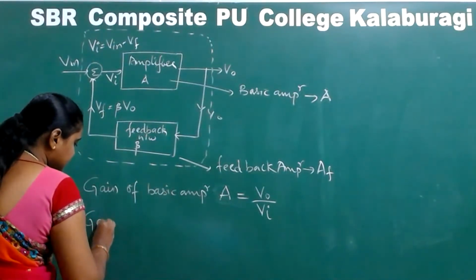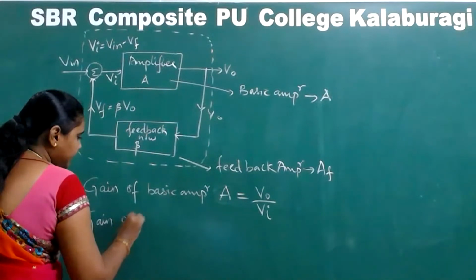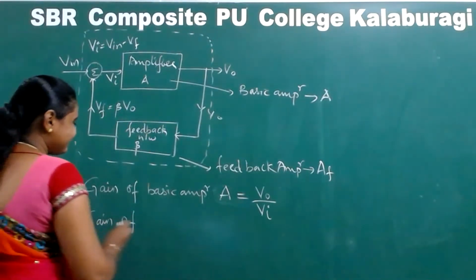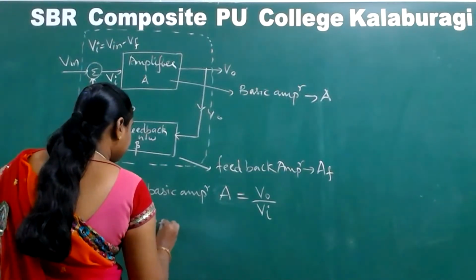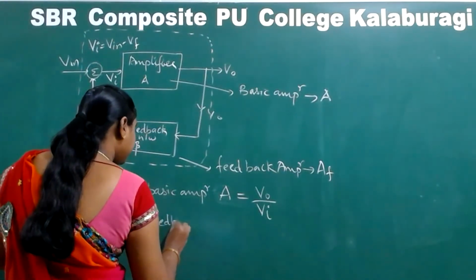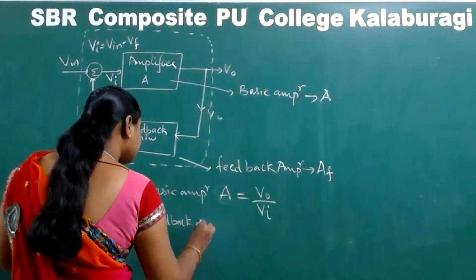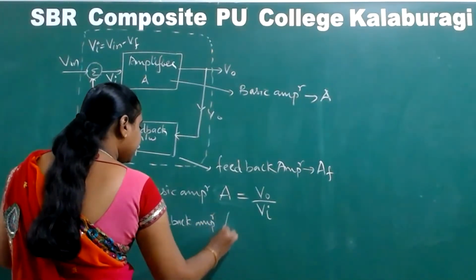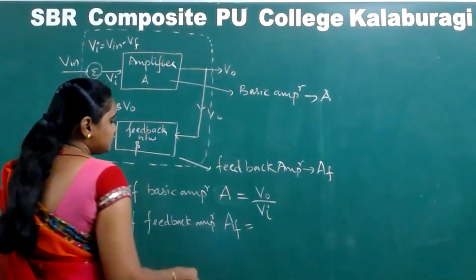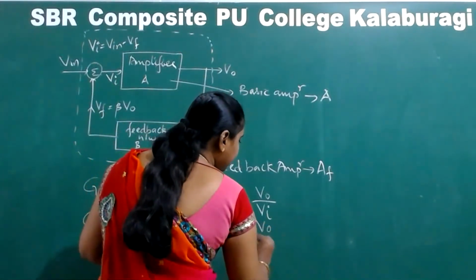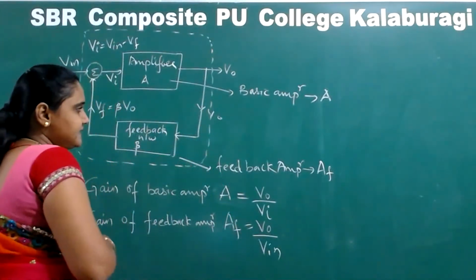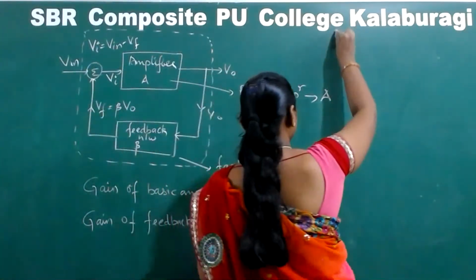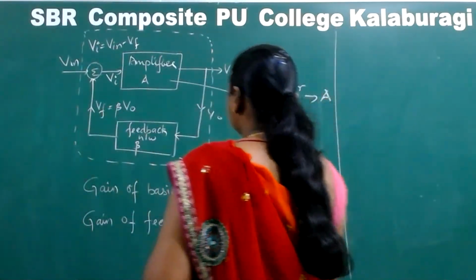Whereas gain of feedback amplifier, that means amplifier with feedback, AF is equal to V naught by Vin.